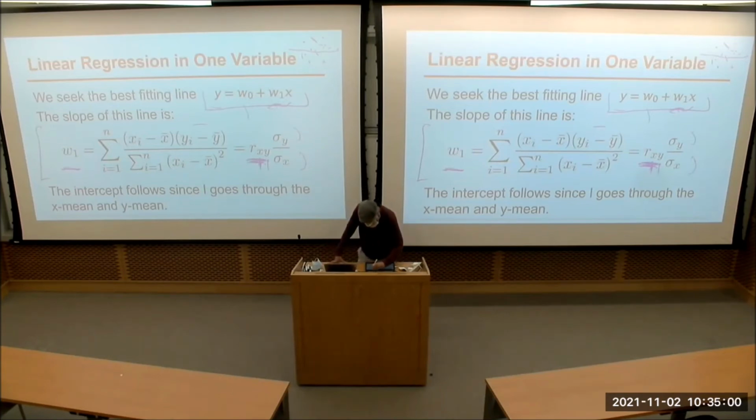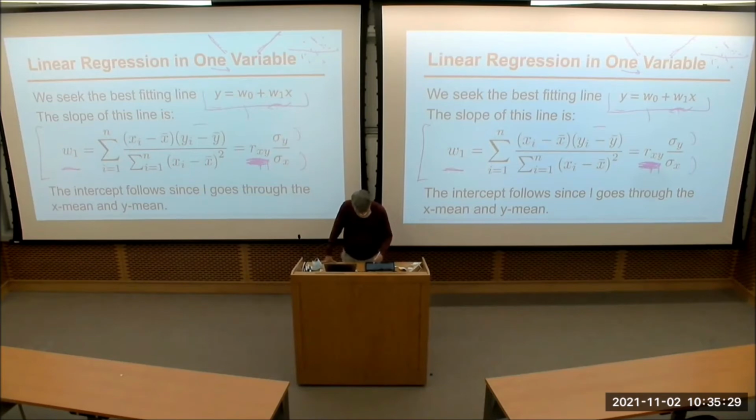If there is a very strong dependence, if it's a positive relationship, a positive correlation, you want the line to be tilted upward like this. If there was a negative correlation, meaning that when x got larger, y got smaller, you want a line with negative slope. So that is why there is a dependence on correlation.